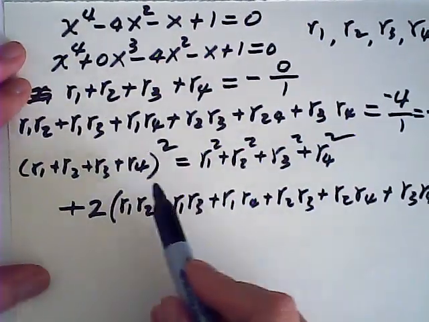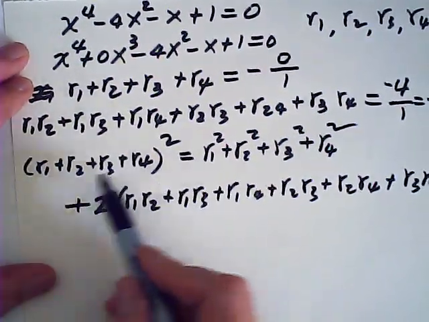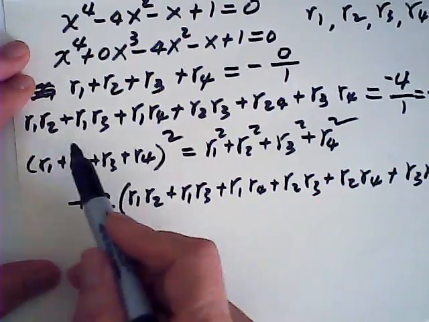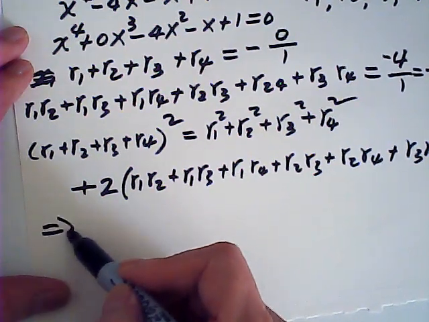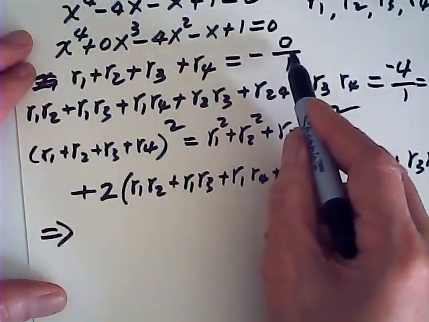Now, simply the expansion of this bracket, and this sum is 0, right?